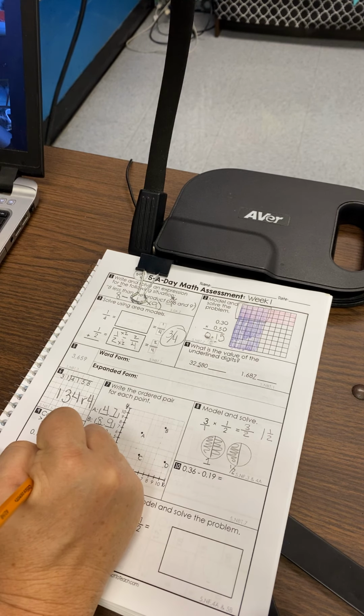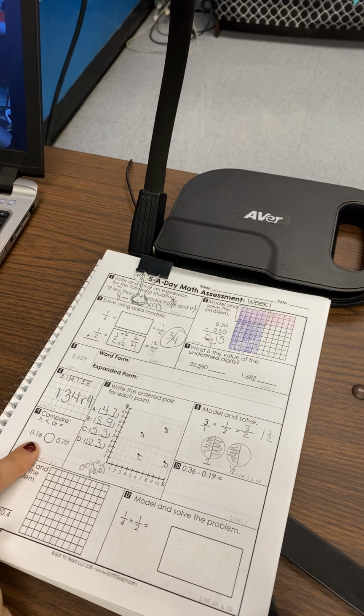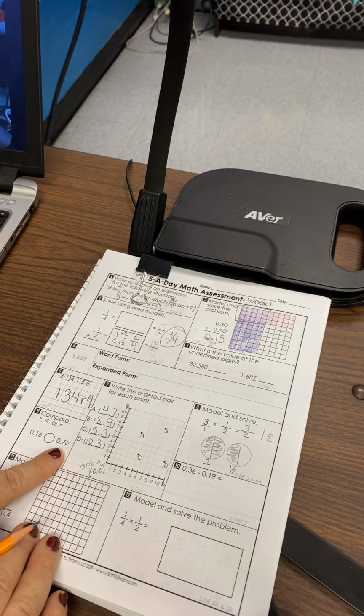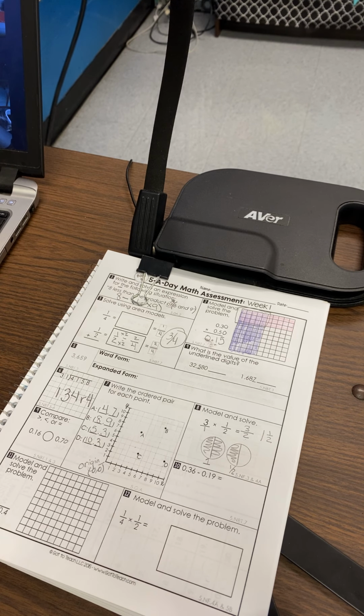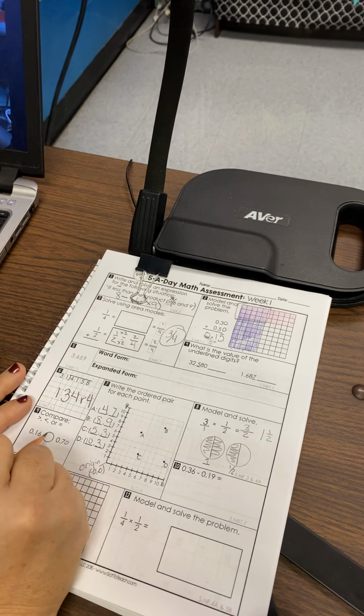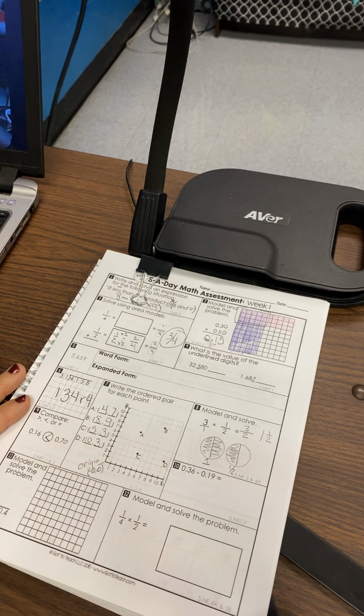So I'm going to add a 0 after it because now the 16 has 2 digits and the 70 has 2 digits, and they can be compared because they have the same number of digits. 70. So which is bigger, 16 or 70? 70. So your symbol will look just like that because 16 is less than 70.